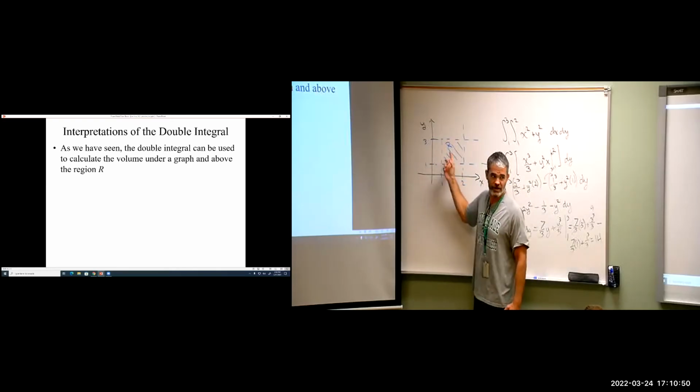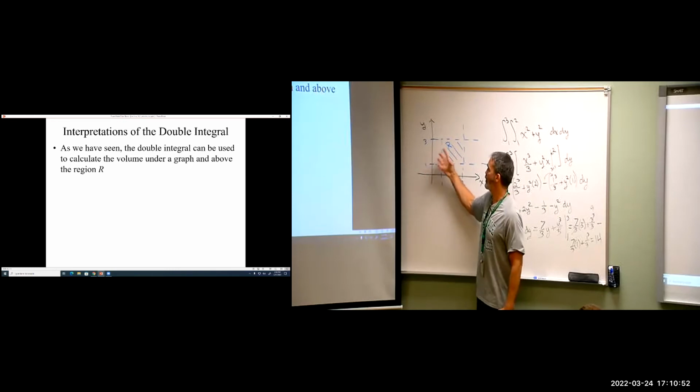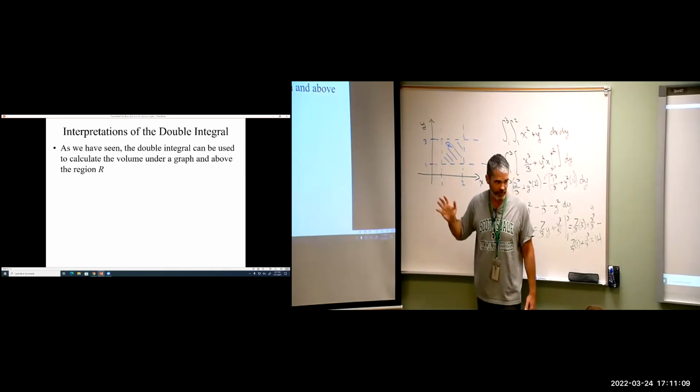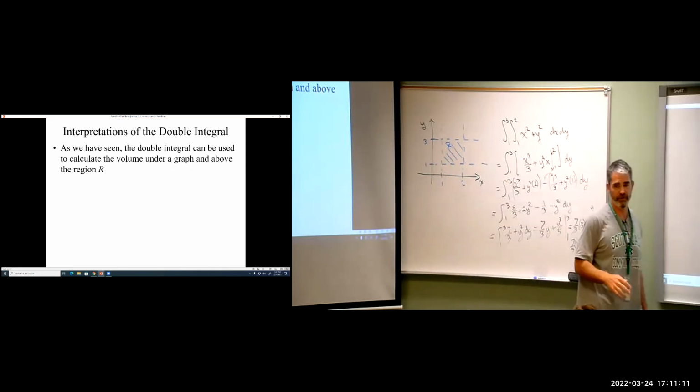This is the region in the XY plane. What we calculated was the volume underneath our paraboloid that sits inside this square region. You can imagine a block going up to the paraboloid that calculates the volume under the surface and above the XY plane. So it's analogous to what we saw in single variable calc.